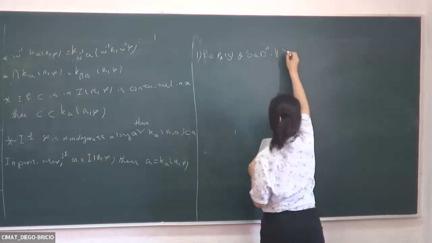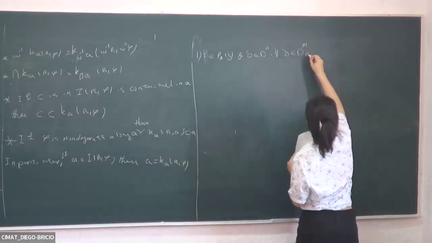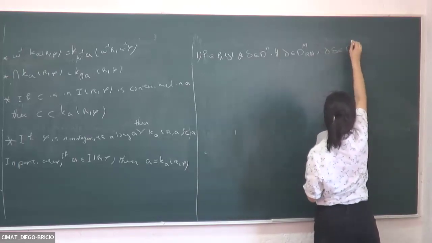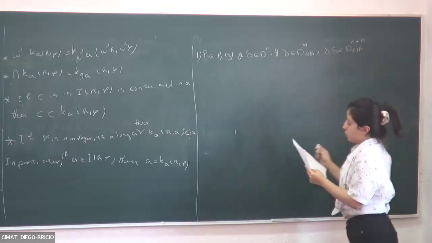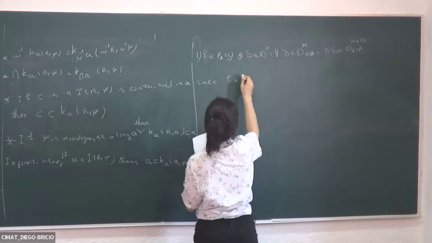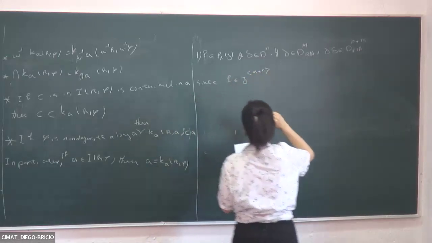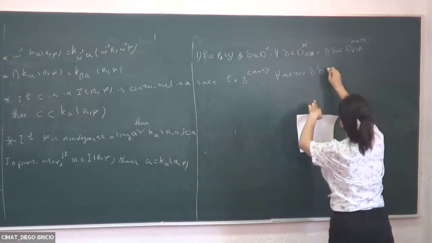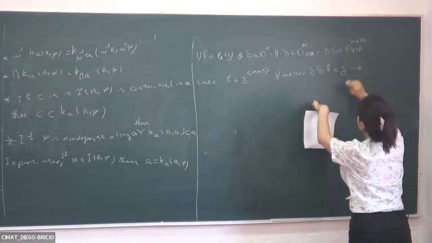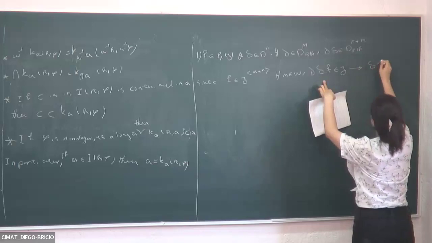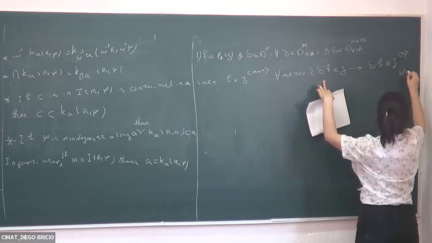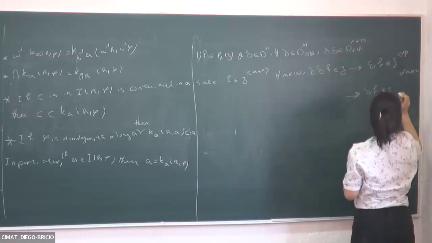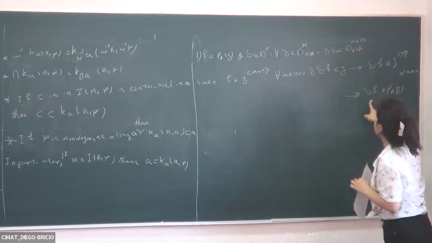So for every sigma in D_n over R, we have this property that sigma delta is in D_n plus F over R. So since F is in J to the power of n plus N for every N in N, we have that the sigma delta multiplied by F is in J. Therefore delta F is in J to the power of N for every N in N, and we can see that delta F is in rho R.